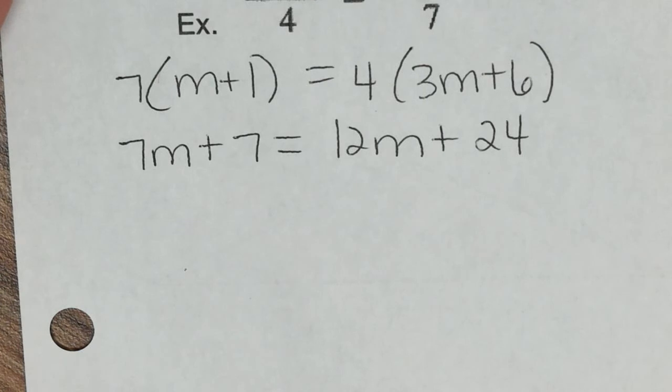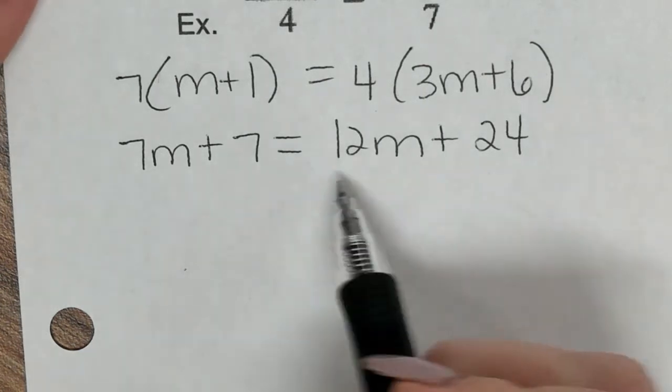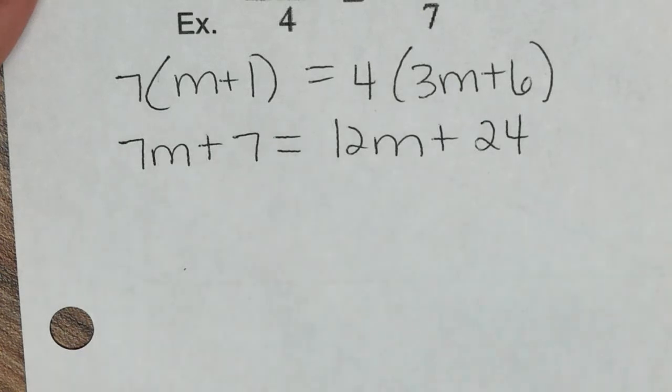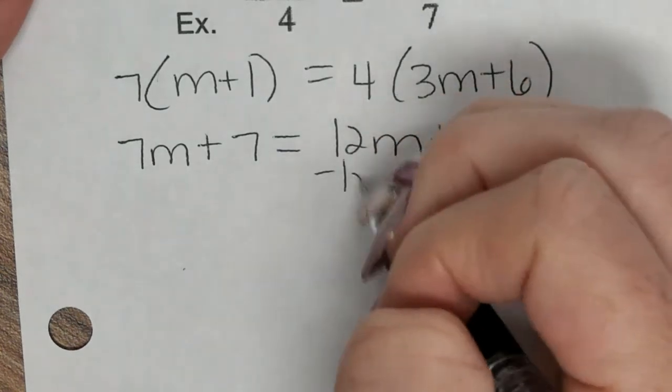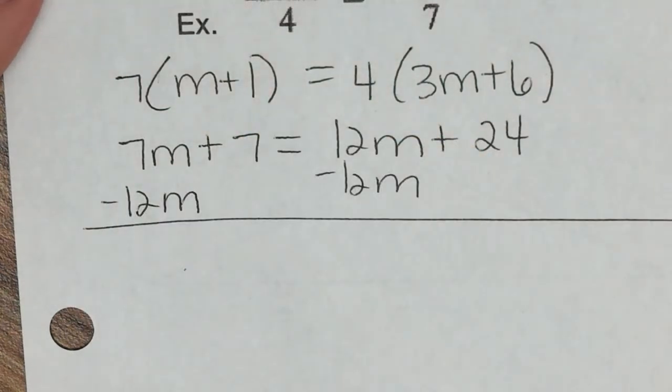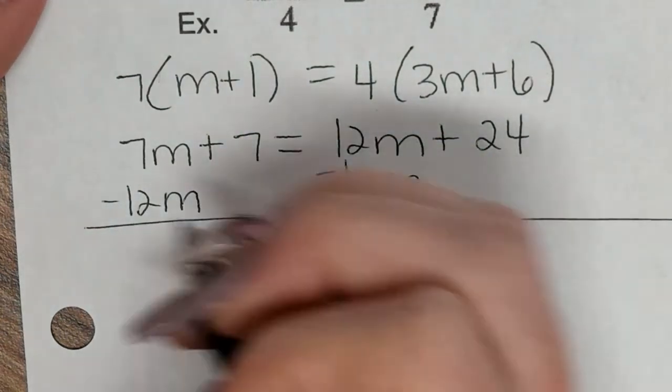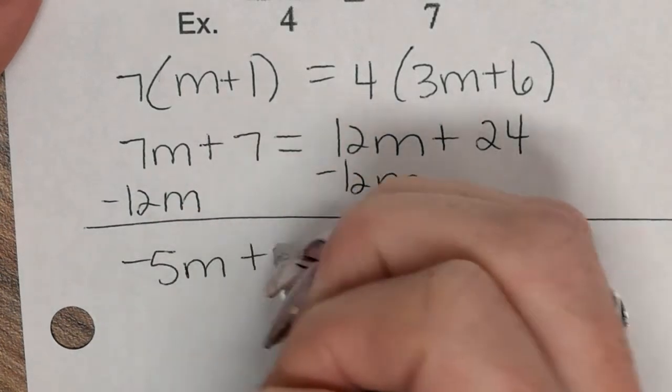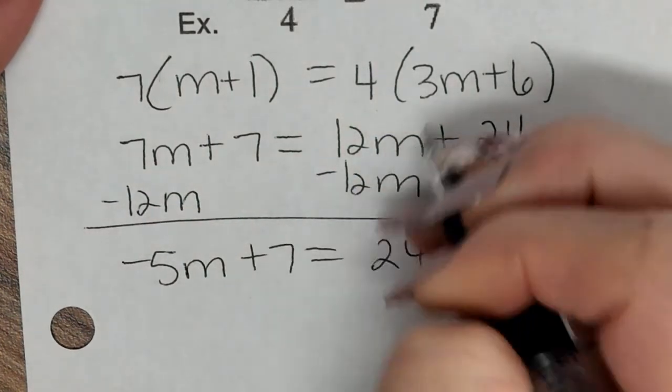Okay, my next step is to get all the m's to one side. So how am I going to move 12m? Minus 12m. And 7 minus 12m is negative 5m plus 7 equals 24.